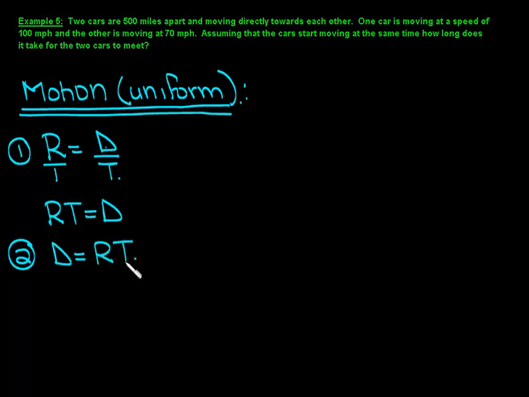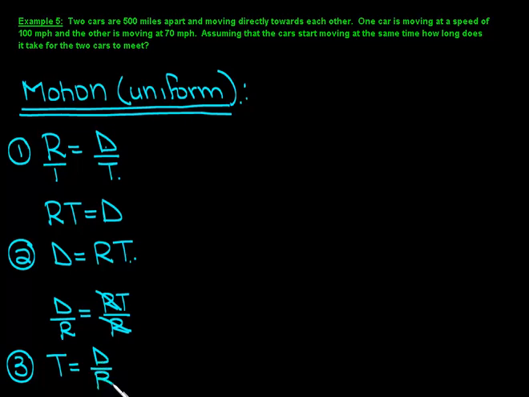The third formula for motion I can get out of this is I can divide both sides by R. Dividing the right side, RT over R, the R's cancel, so we get the third formula for motion, which is T is equal to distance over rate.